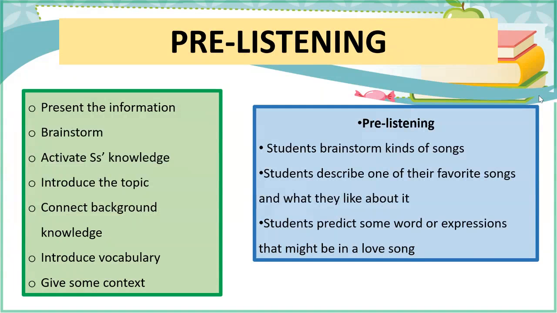So first, students brainstorm, then students describe their favorite songs, and then students predict words that might be in a love song. As you can see, the teacher is preparing the students for listening to maybe a love song, okay? So the objective of the pre-listening is preparing, always.